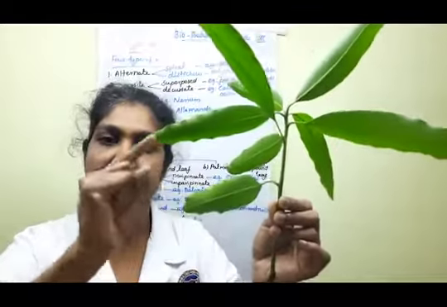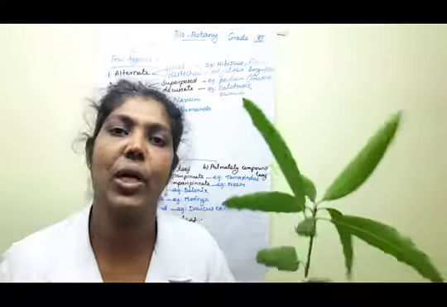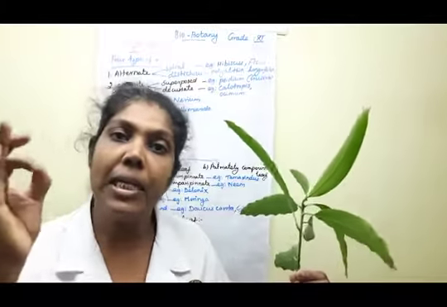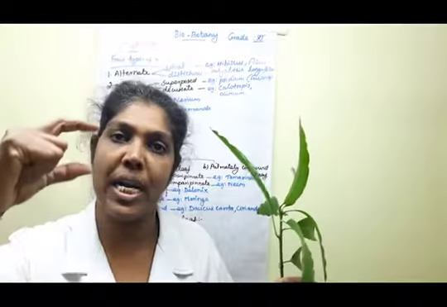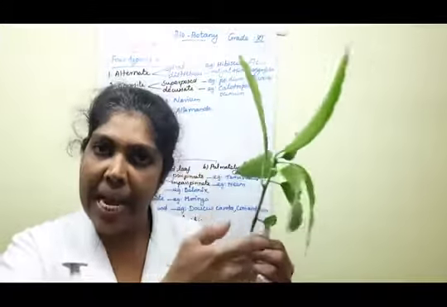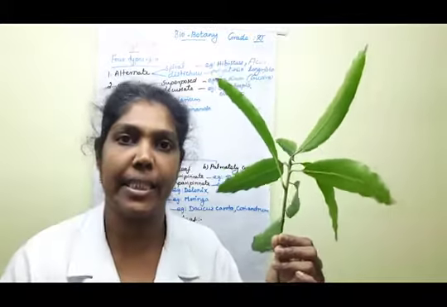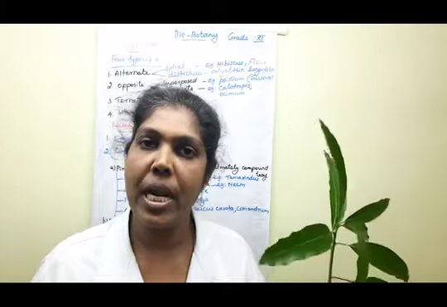Clear? So the leaves are arranged in an alternate manner, which is known as alternate phyllotaxy. All of you listen, this alternate phyllotaxy comes under two types. One is alternate spiral and another one is alternate distichous. Clear? Did you catch these two terms, children?